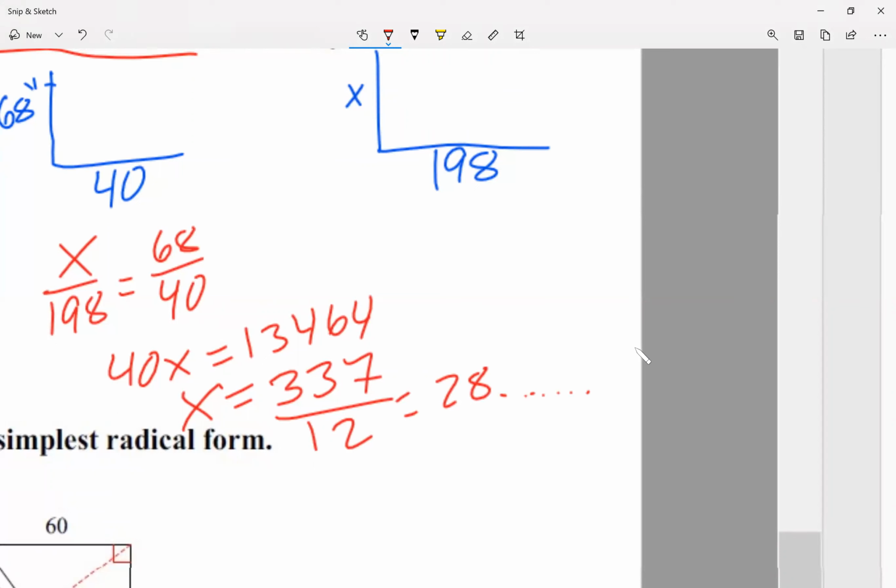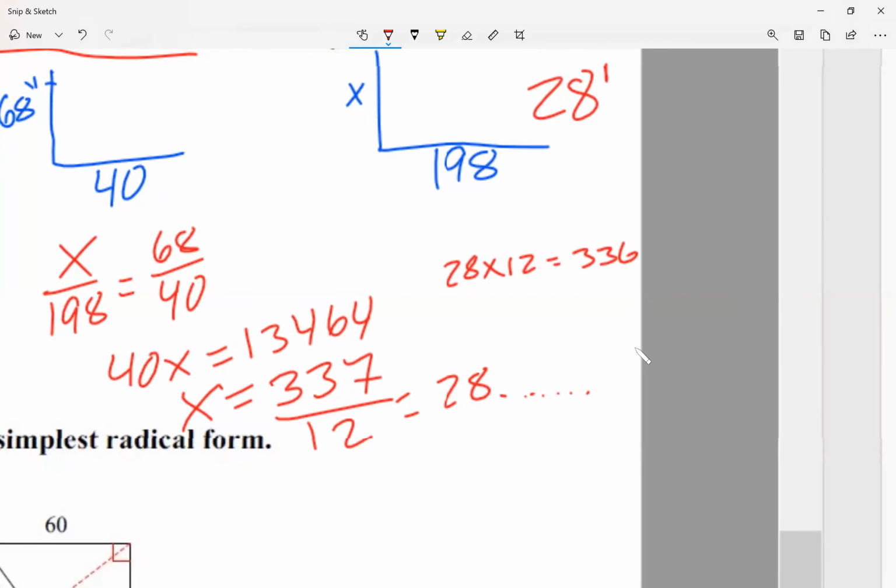Okay, so far I know part of my answer. This thing is 28 feet, and then some inches, right? But at least the feet part, I know: 28 feet. Now, I know 28 times 12 is 336.